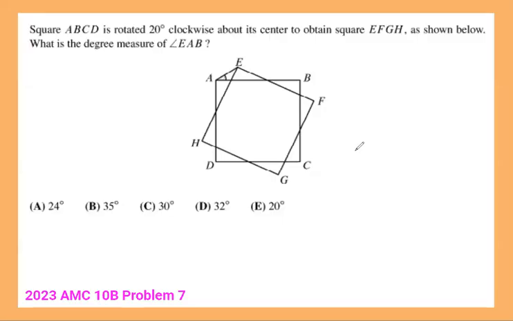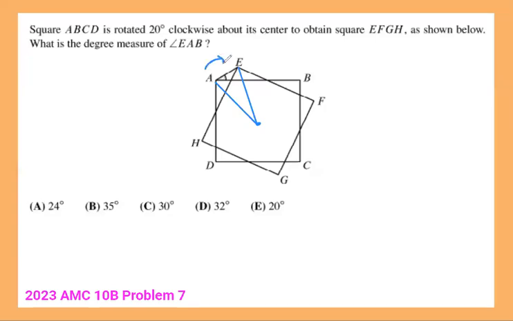Okay, number 7. We have a square rotated 20 degrees clockwise about its center to obtain the other square. Think of this as the center of ABCD. We are rotating this square, and point A becomes point E. I hope that makes sense so far.